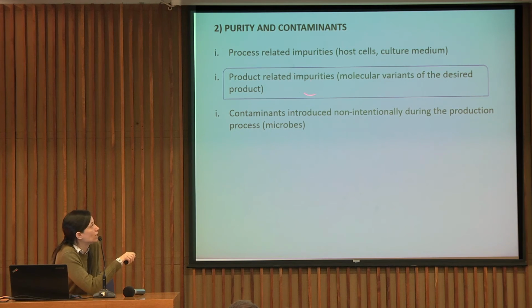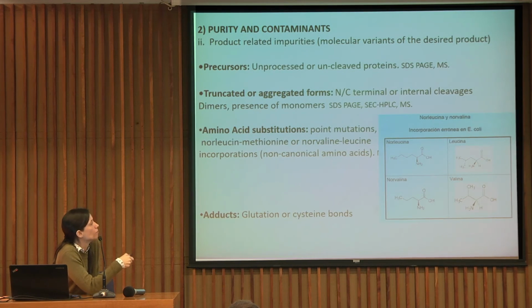If we are looking for product-related impurities, such as molecular variants of the desired product, the most common molecular variants could be, for example, precursors, unprocessed or uncleaved proteins that are still present in your sample. You can check in an MS spectrum, you will see them very easily.